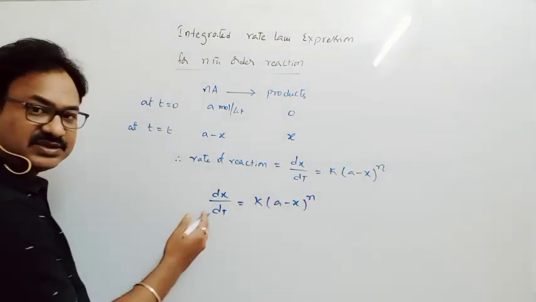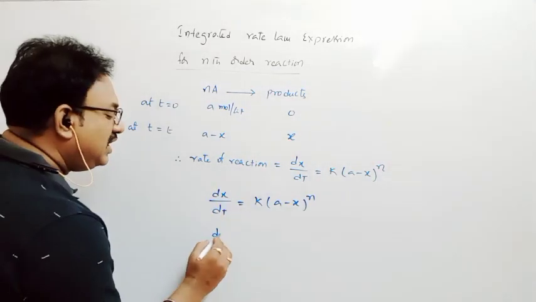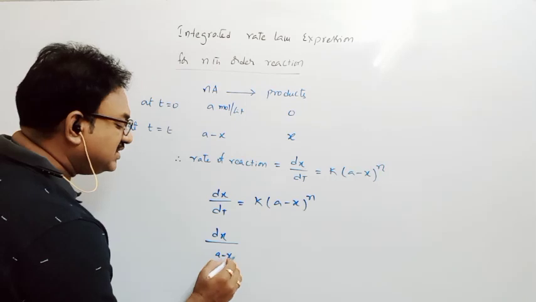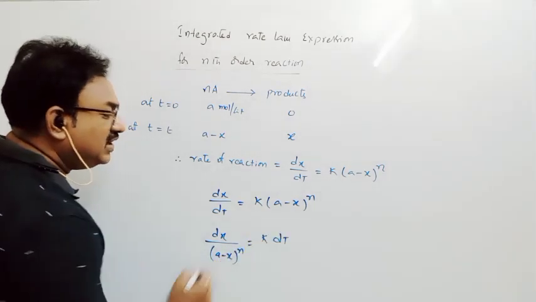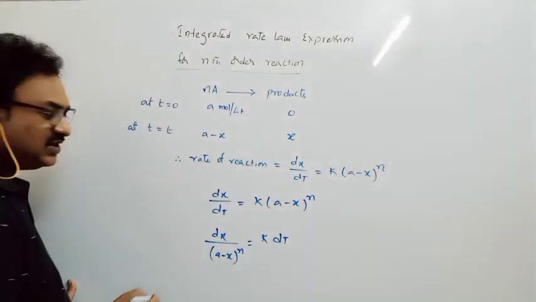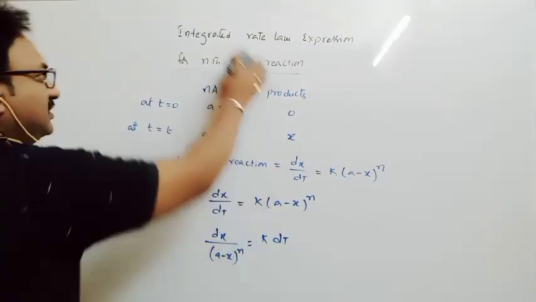Now, let me put similar terms on one side. Then dx by (a minus x) power n is equal to k into dt. Now, let me integrate this equation.